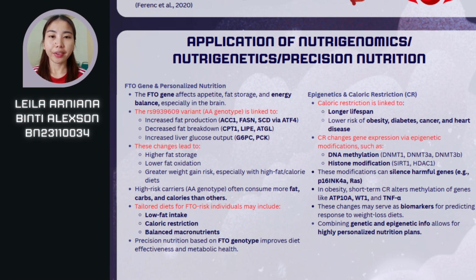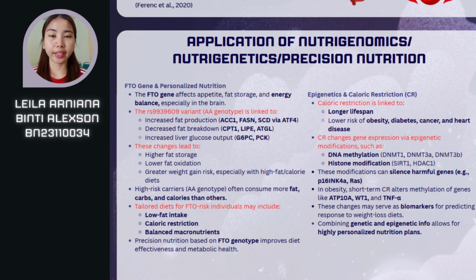Another exciting area is the role of epigenetics, which refers to changes in gene activity that do not involve changes in the DNA sequence itself. Caloric restriction, for example, can lead to beneficial epigenetic modifications such as DNA methylation and histone changes. These modifications can help silence harmful genes and may even serve as biomarkers to predict how someone might respond to a specific diet.